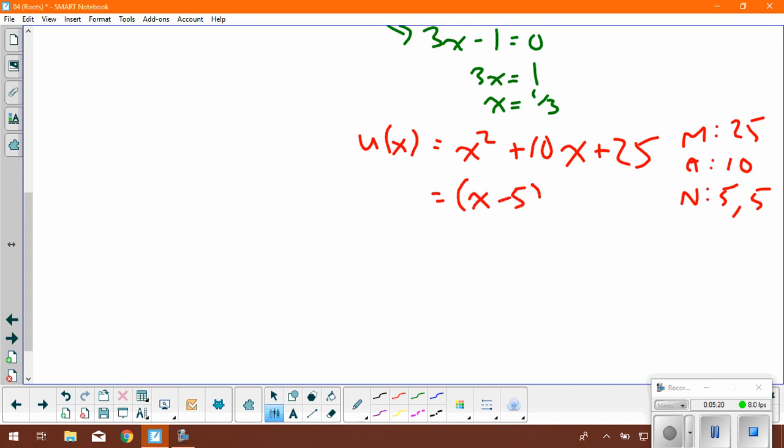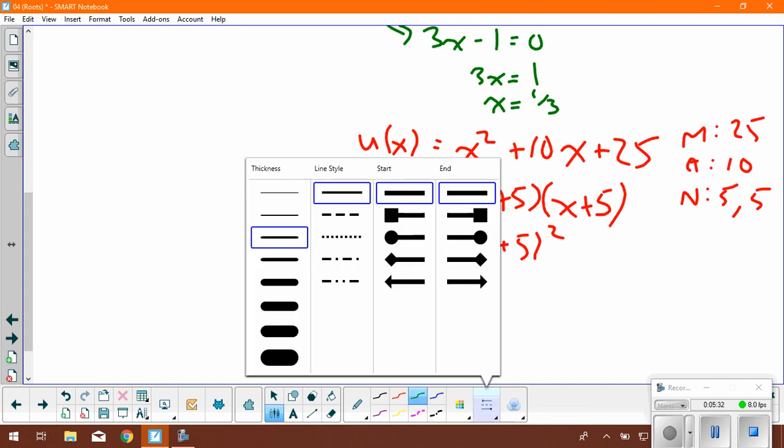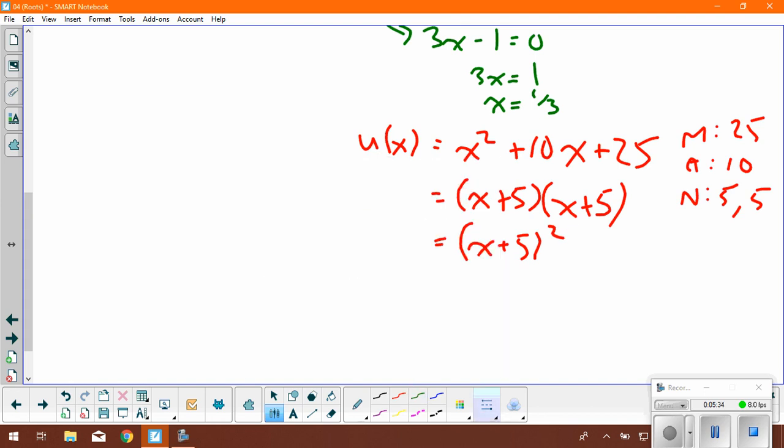So I have x plus 5 and x plus 5 again. So that means I have x plus 5 squared. So it turns out this quadratic only has a single root: x is equal to negative 5.